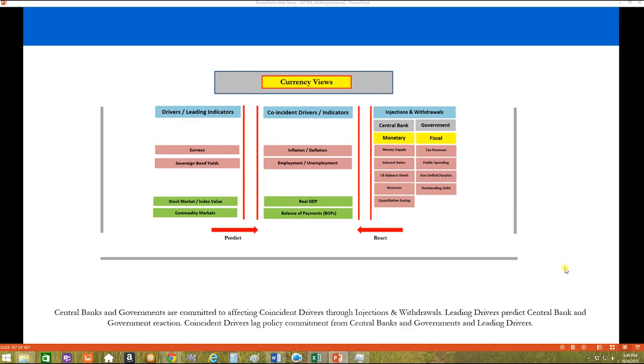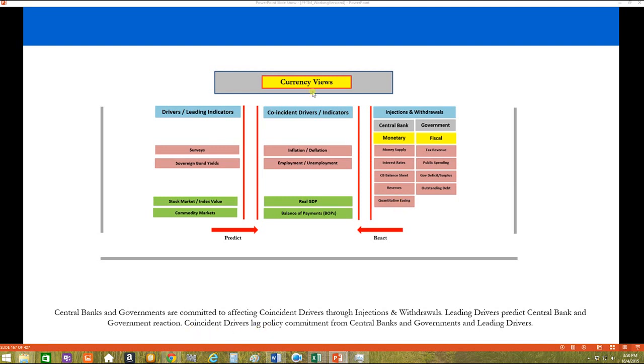and governments are committed to affecting the coincident drivers. So this section in the middle here. And they do that through injections and withdrawals. Now, leading drivers predict what central banks and governments will do. Because they predict what coincident drivers will do, they also predict what the reaction is going to be.